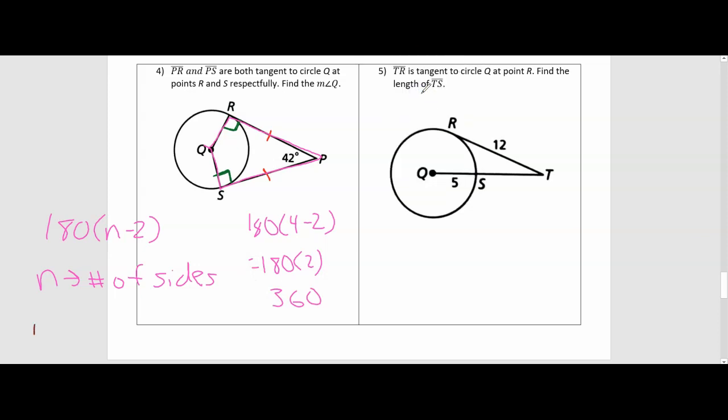The only one I don't know is the measurement of angle Q. So the measurement of angle Q plus 90 plus 90 plus 42 has to be equal to 360. And if I do some simple inverse operations, I'm going to get the measurement of angle Q is equal to 138 degrees.